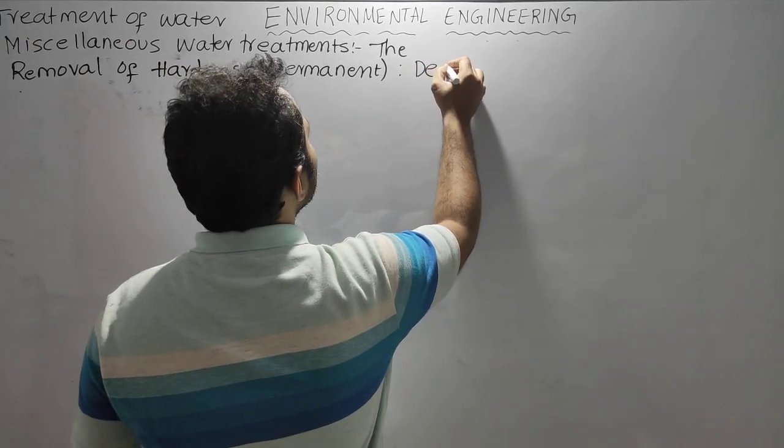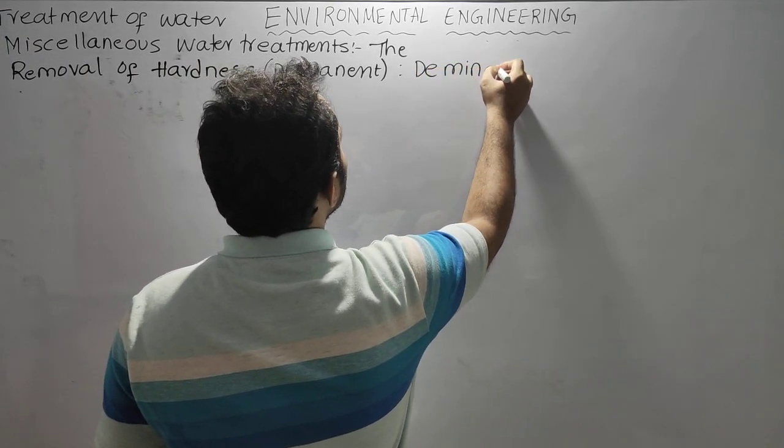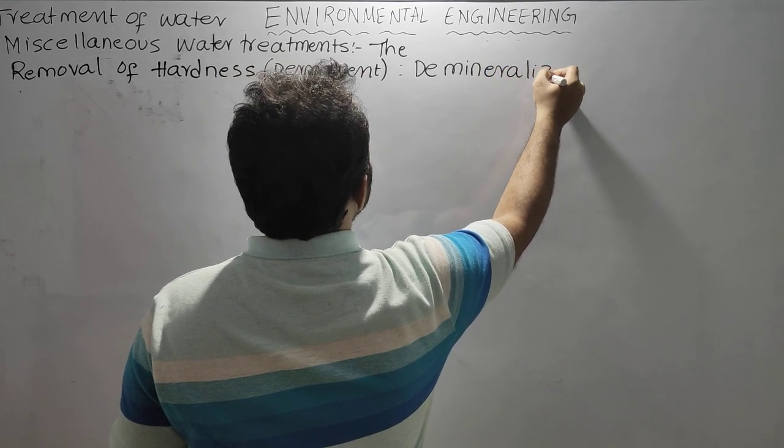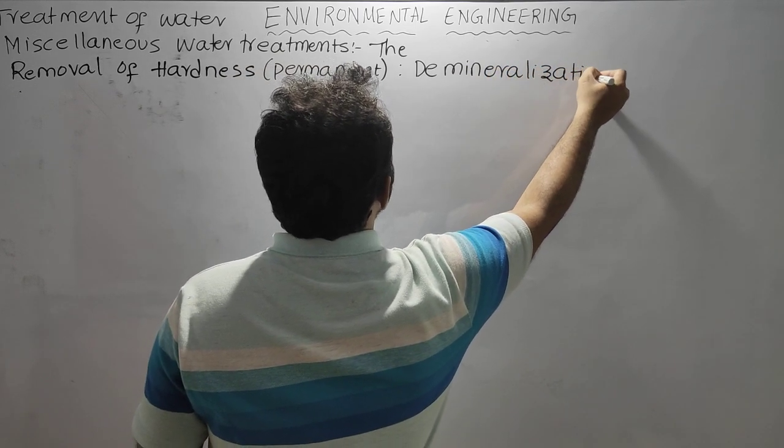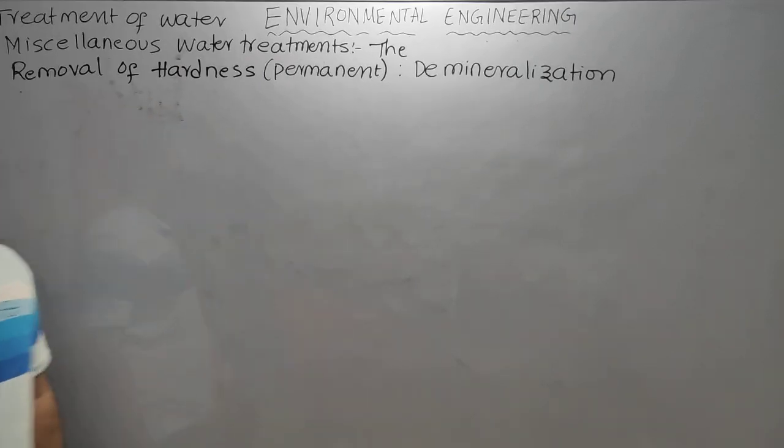Demineralization. In this method, this process removes minerals in water. There are two processes involved. The complete removal is by first passing the water through the cation exchange resin and then through the anion exchange resin.